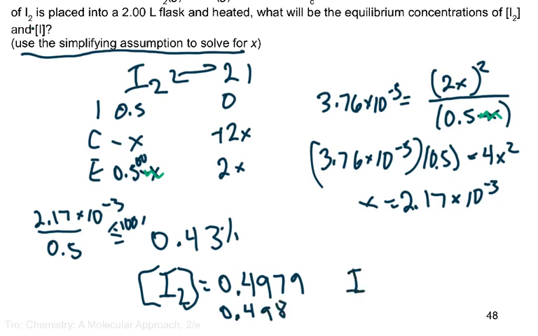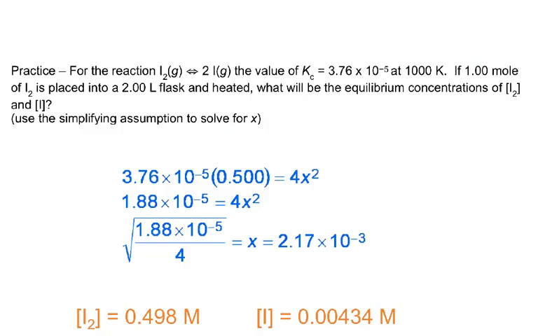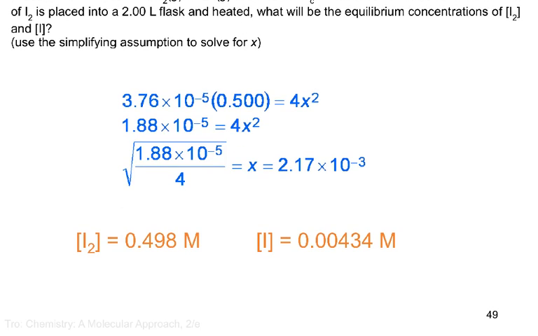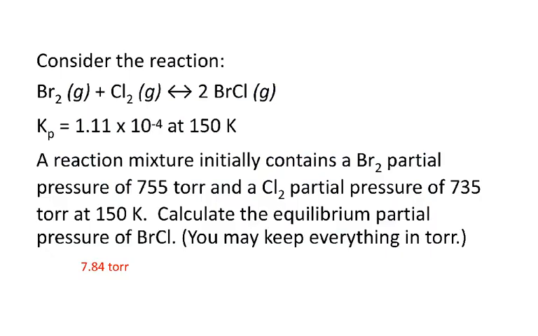And then my concentration of I is going to be 2 times 2.17 times 10 to the minus 3, which is 4.34 times 10 to the minus 3. So don't forget to go back and plug in your values to get your equilibrium concentrations. Don't just stop at solving for x.